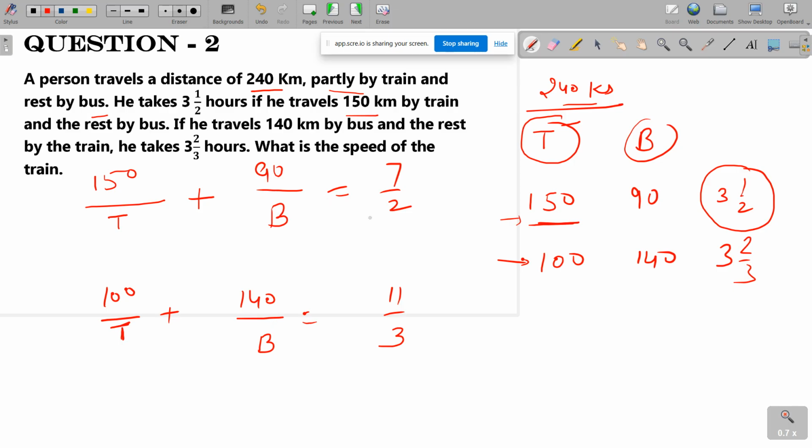If we are given two equations and there are two variables, two things whose values we do not know, we need to eliminate one variable. So how do we eliminate b? If we multiply this equation by 14 and this equation by 9, then our equations will be balanced from the point of view of the speed of bus, or b.